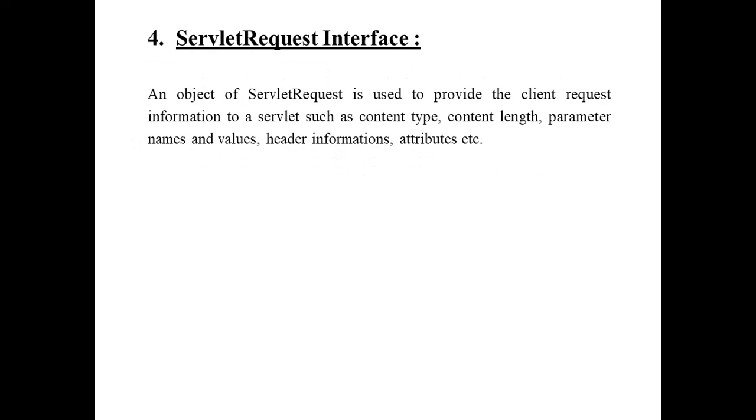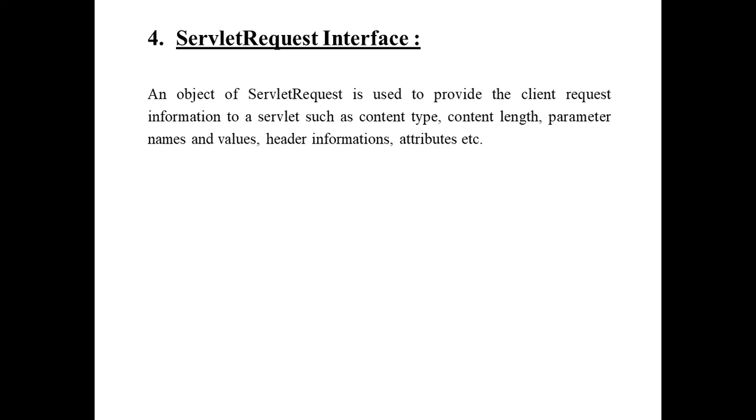Next interface is the ServletRequest interface. The ServletRequest interface helps in gathering information about the client. So this interface is mainly used to gather information about the client. An object of ServletRequest is used to provide the client request information to a servlet.